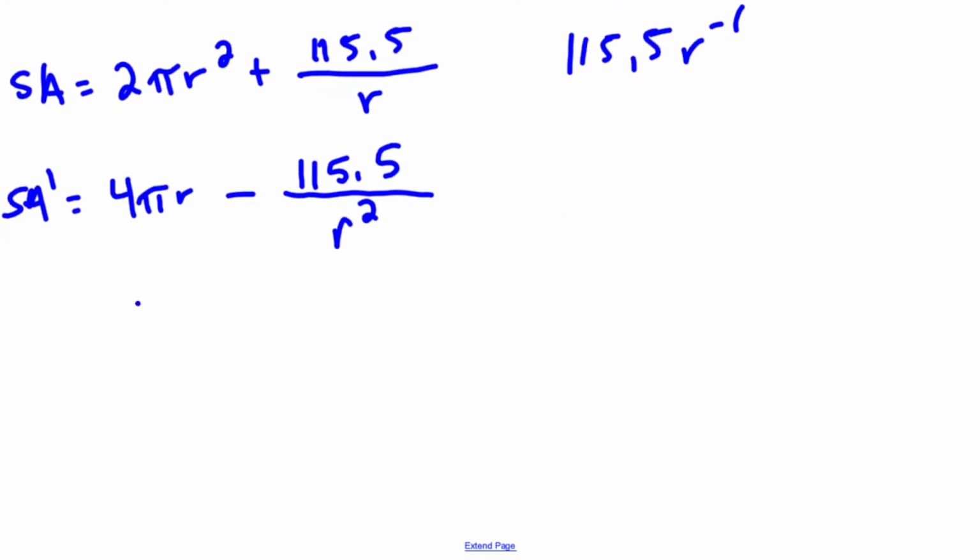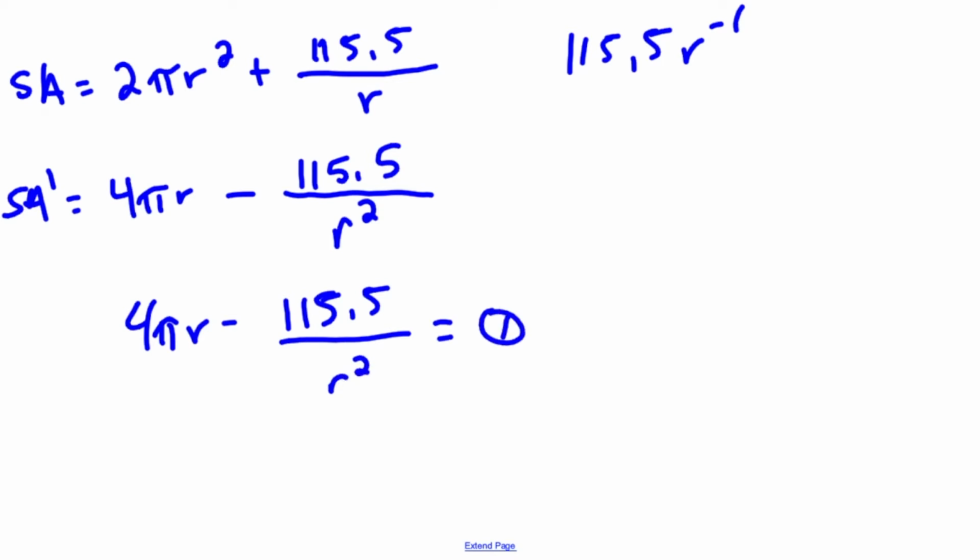Okay, set it equal to 0. 4 pi r minus 115.5 over r squared equals 0. We want to know where the derivative is equal to 0. That'll get us our max or min. In this case, we're looking for a min because we want to use the least amount of material. So let's see what we get here.